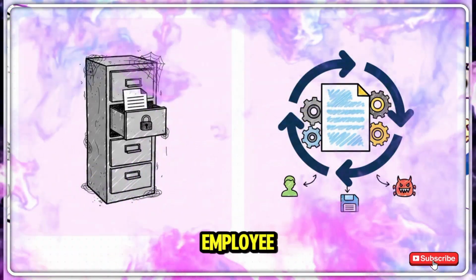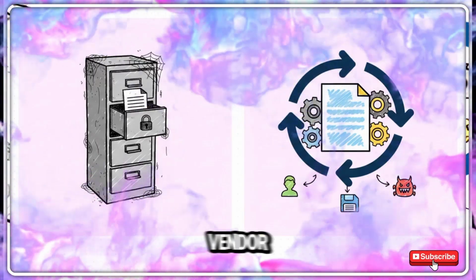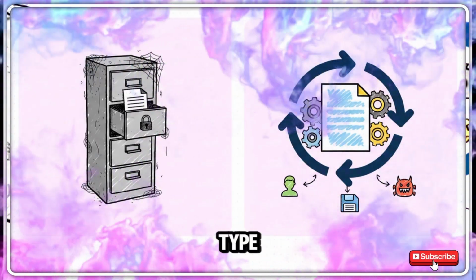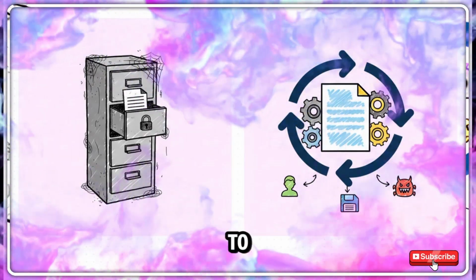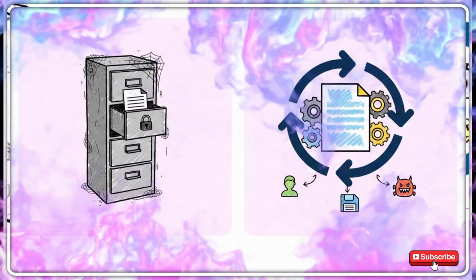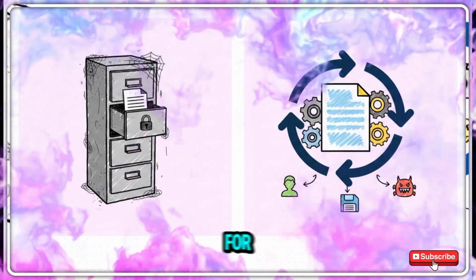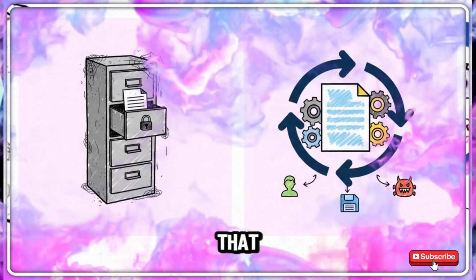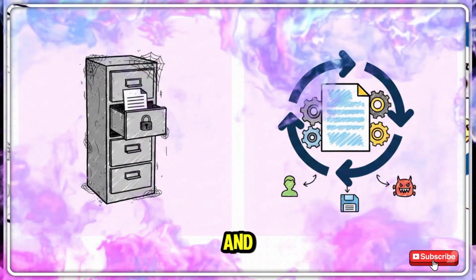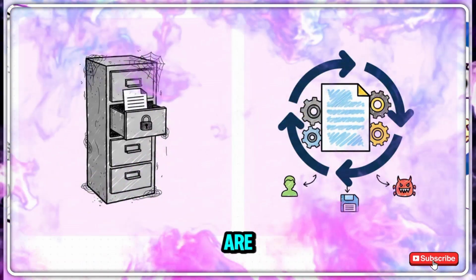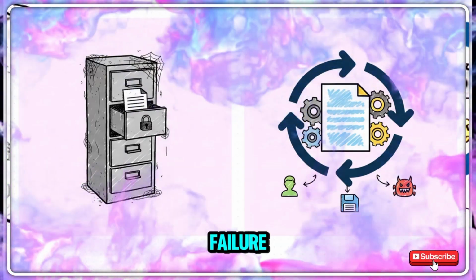When you hire a new employee, when you change your software vendor, or when a totally new type of ransomware emerges, your WISP has to be updated immediately to reflect those shifting variables. Because if your architecture doesn't account for a new entry point, well, that entry point is vulnerable. It's that simple. If you fail to plan and continuously update that plan, you are literally engineering your own failure.